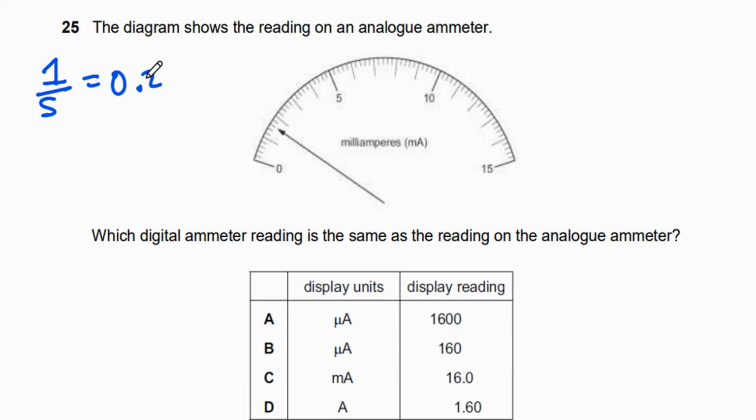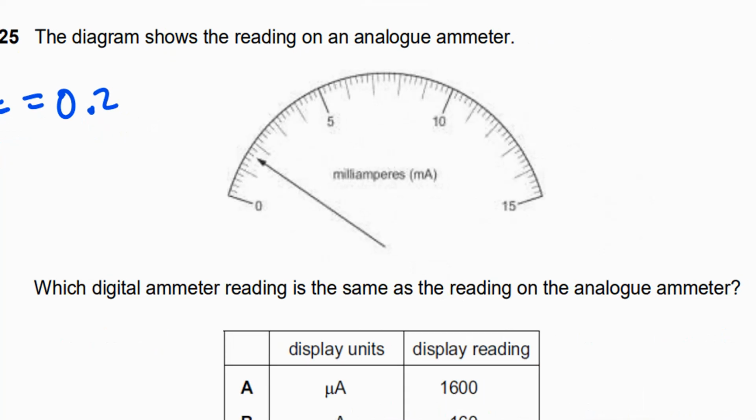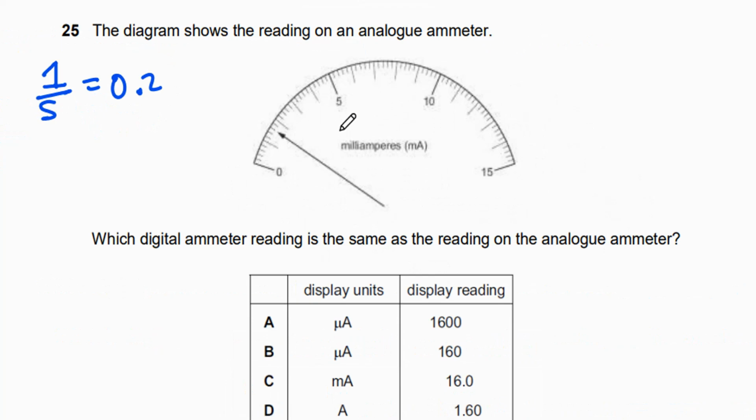So then to write down the reading here, we have 1, 2, 3 small divisions. So 3 times 0.2 is 0.6. So then the actual reading in milliamps on this analog ammeter will be 1.6 milliamps.